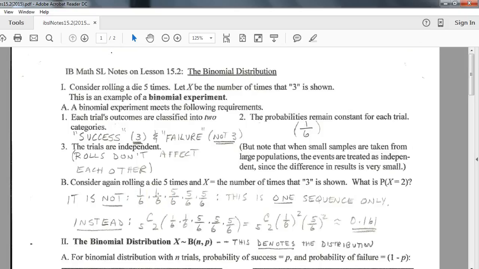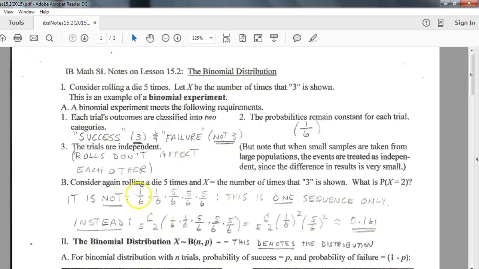This is kind of the intro part here. If I roll it 5 times, and 2 of those times I get a 3, there's the probability of getting a 3, the probability of getting a 3, and then the probability of anything else other than a 3, not a 3, not a 3. But one thing this doesn't take into account is the order. I don't have to get a 3 on the first 2 throws.